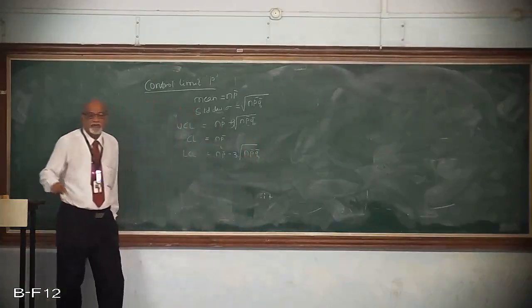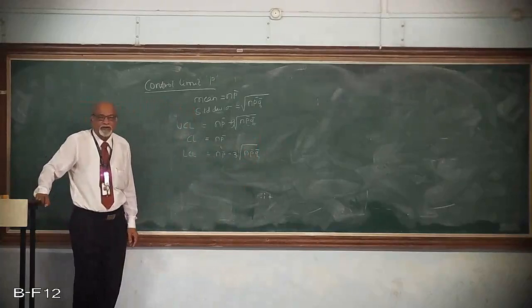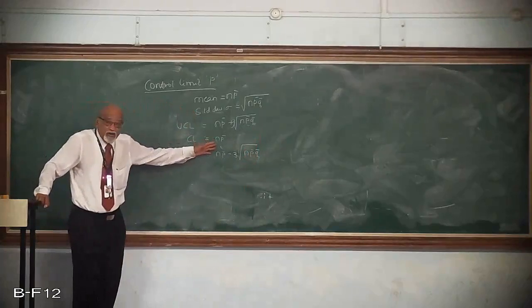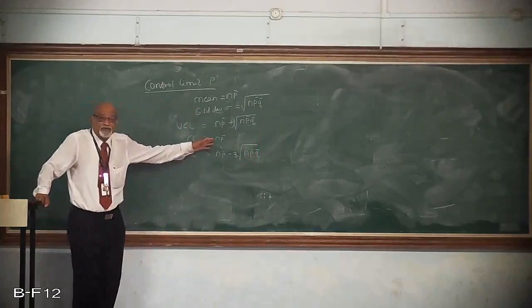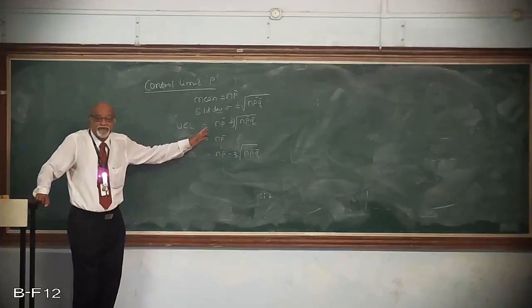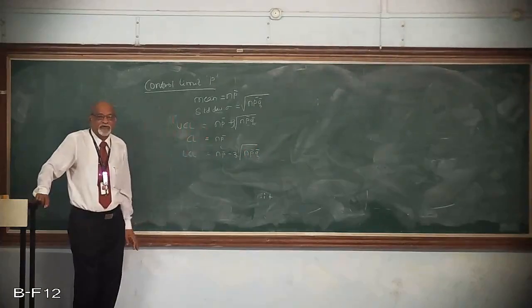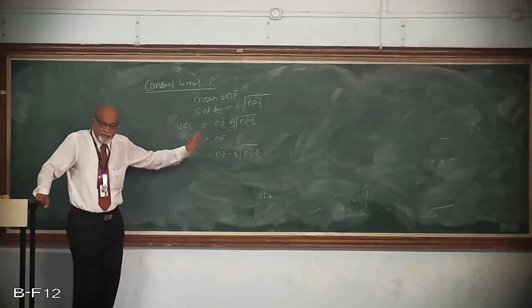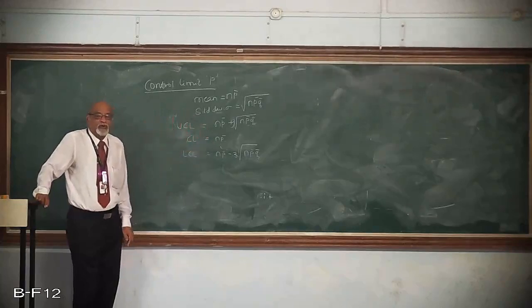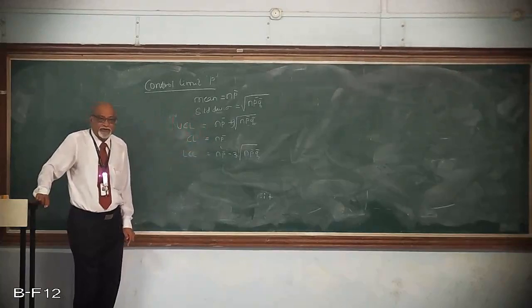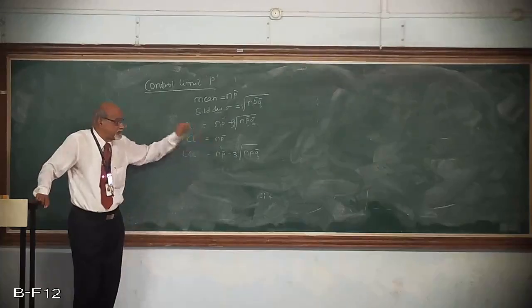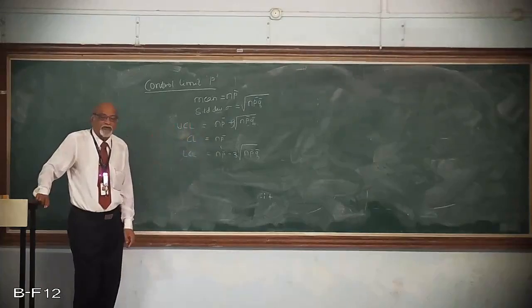What has happened? Now, if I look at it, it gives the average number of defectives. NP bar is the average number of defectives. Try to understand. These become the control limits for the NP chart, where we deal with the number of defectives. But what we are talking about is the P chart.